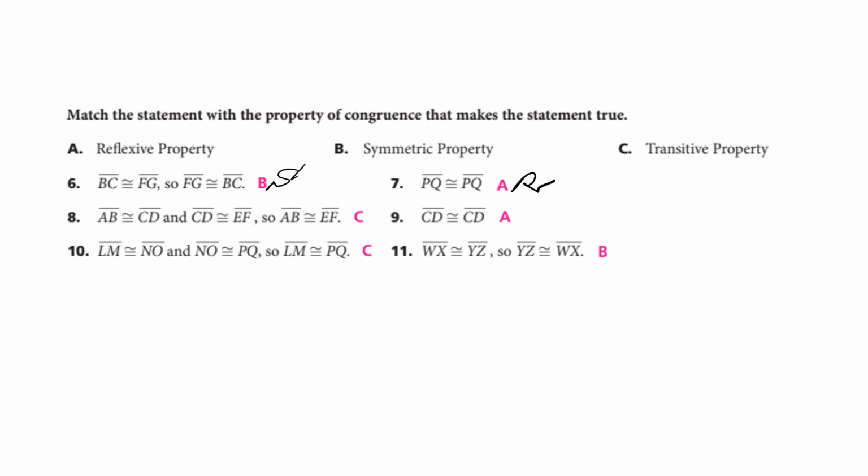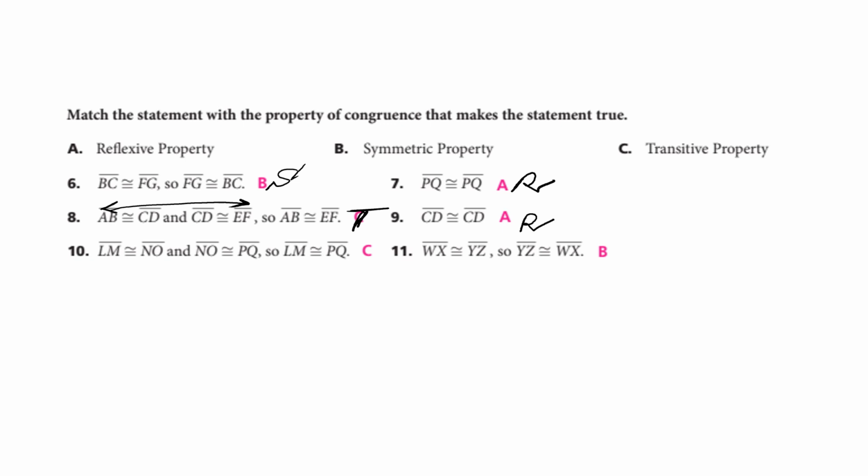Now number 8 says AB is congruent to CD, whereas CD is congruent to EF. So we can say that AB and EF are congruent to each other. This is our transitive property. Next, CD is congruent to CD. So yes, it is the reflexive property.